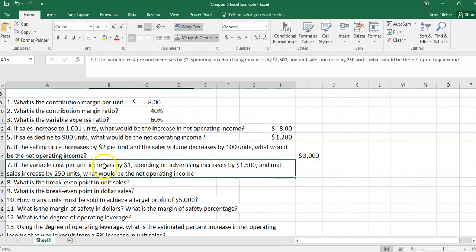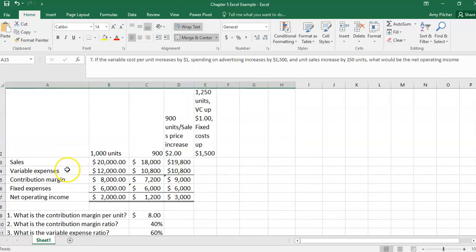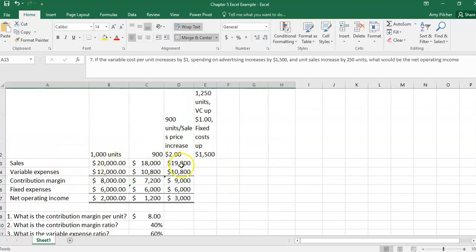So we're going to increase our variable costs by $1, spending on advertising, that increases our fixed cost by $1,500, and our unit sales are going up to 1,250 units. So we're back to our original sales price of $20 per unit.